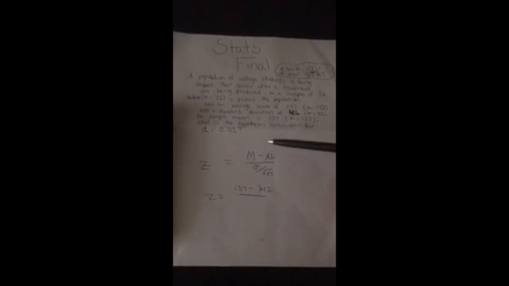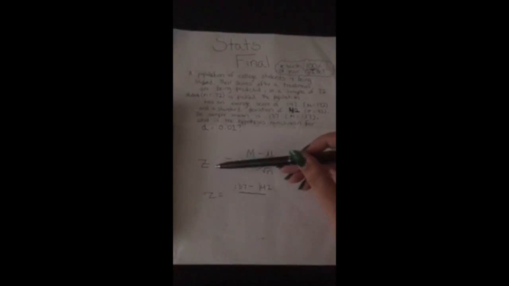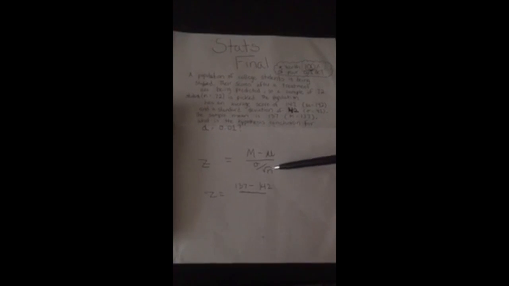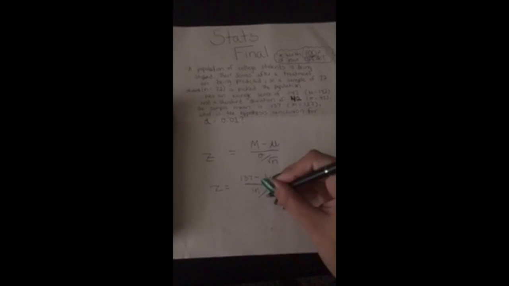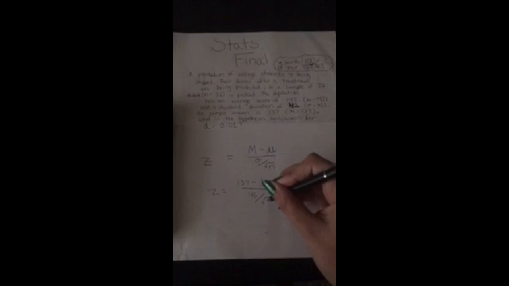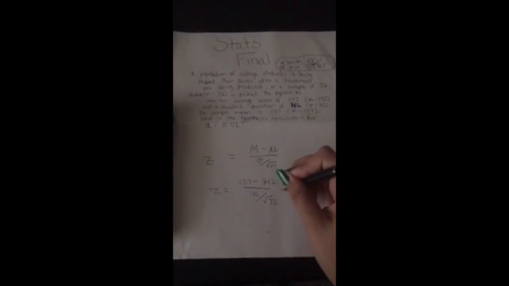Well, this should be simple enough to solve. z would equal M minus mu over the standard deviation divided by the square root of the sample size, which is n. So z would equal 137 minus 142 over 42 divided by the square root of the sample size, which is 72.